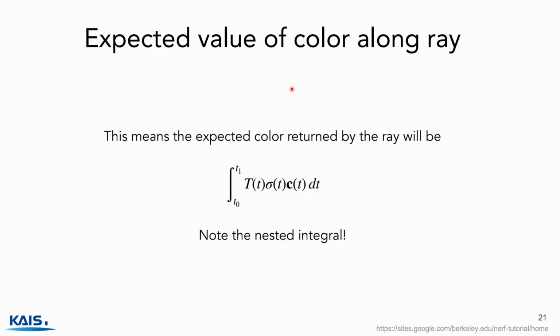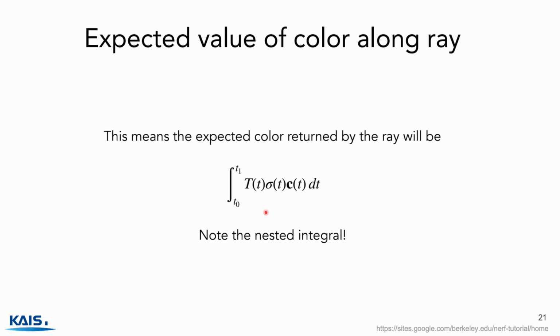We simply add the color term on top of these two, T(t) and sigma(t), and we get the expected value of color by integrating over all the points on the specific segment here. Since this is a continuous representation, there are integrals not only for the outer term here, but also T(t) itself has an integral inside the transmittance.